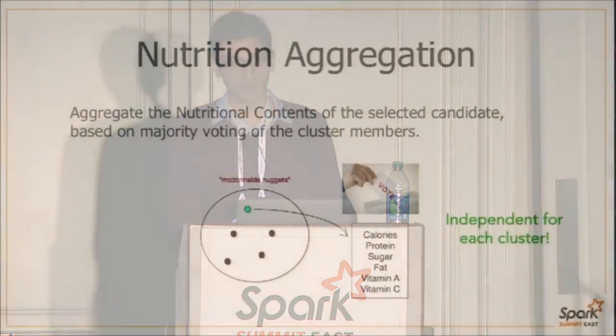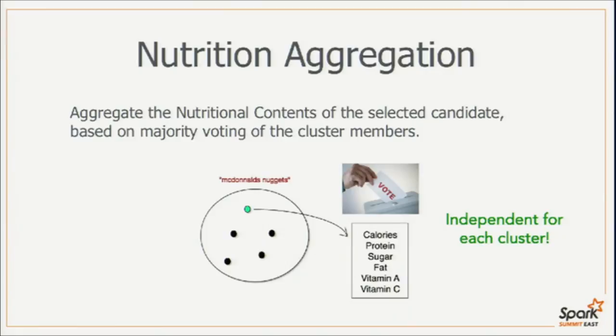And we actually collected the majority voting for each nutrient value and picked it as the new nutritional information for that particular food item. And of course, we set some different thresholds as the minimum number of votes, because if, for example, the calorie information cannot get enough votes, it's not safe to pick it as a verified item. And after this process, we will end up with an aggregated nutrition for this cluster member.